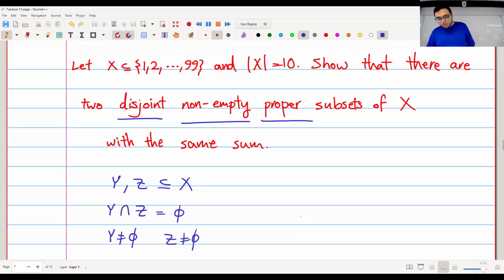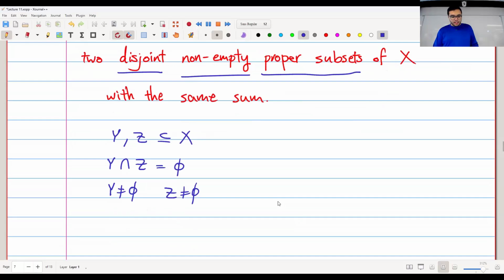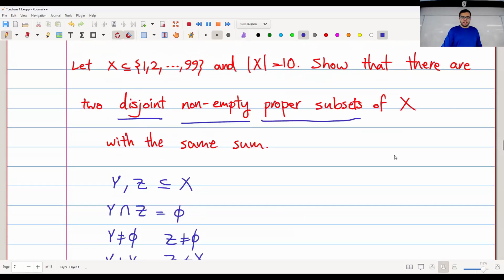And I want them to be proper subsets of x, which means that y should not be all of x and z should not be all of x either. Okay. And then of course I want them to have the same sum. So if I take the sum of all the elements in y, this should be the sum of all the elements in z.